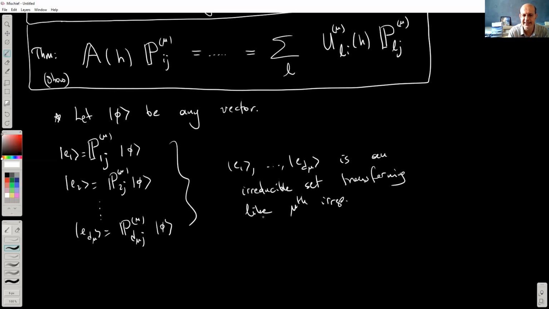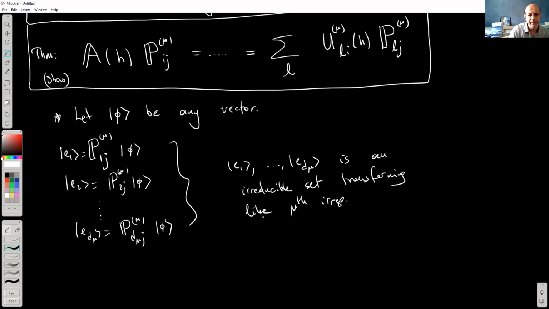Right. Basically, this is how we use these operators. Okay. So this is quite easy to show. The next thing that I'm going to show is a little bit more complicated.